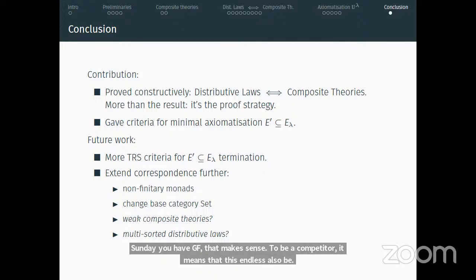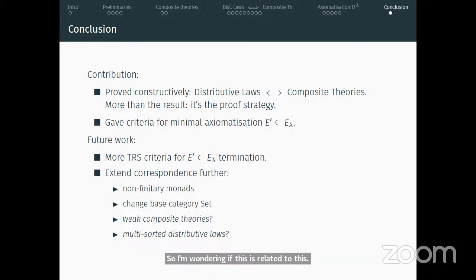I'm wondering if this is related to the distributive law. Probably the category theory associated is related. In which setting, though? When you work with matrices, you've seen that? We can talk about this.